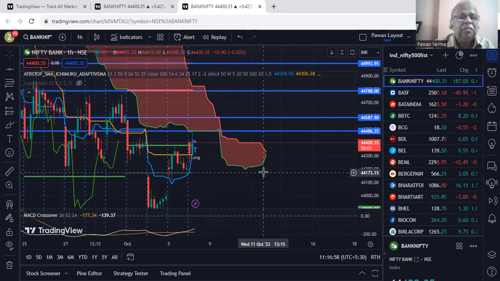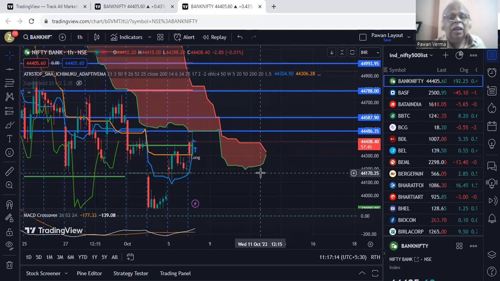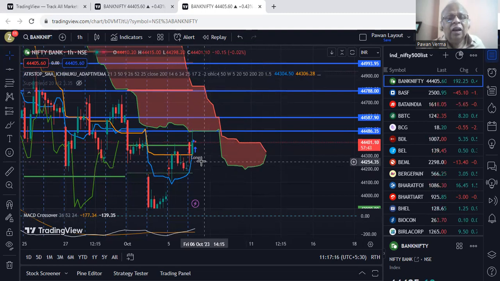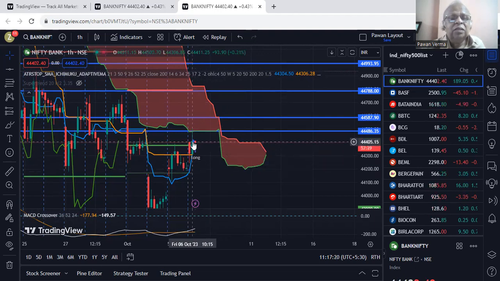Whatever analysis we have done, see what we are observing right now. The candle has closed at the level of 44,405.